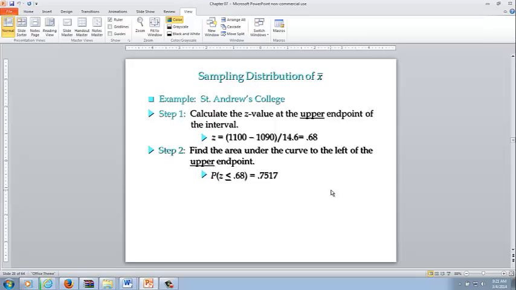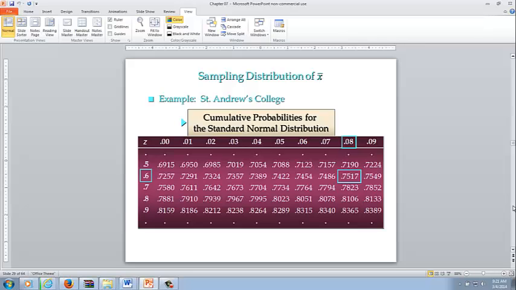Hence we can convert it to a z-score of 0.68, and the area to the left of that is 0.7517, which you can see from any standard normal table, which you will also find in your textbook.